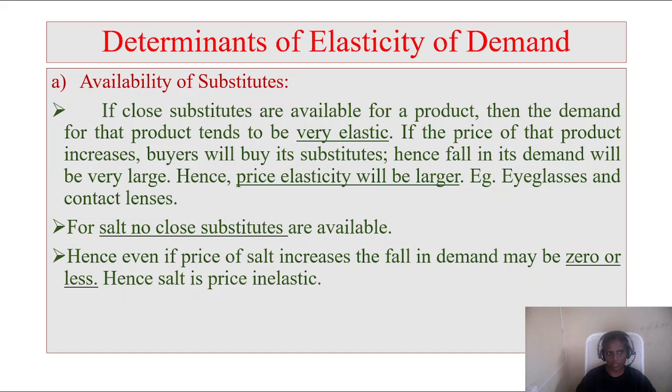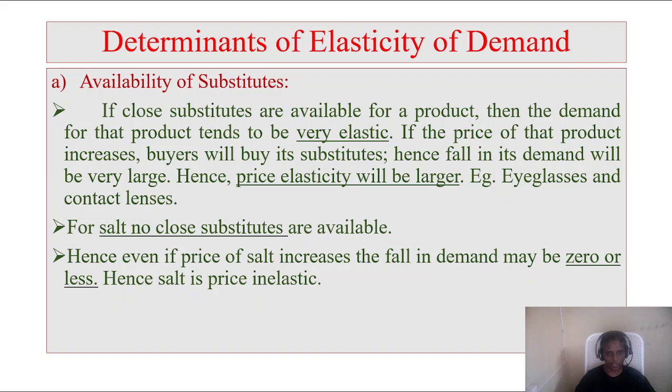We have seen what a substitute is, what a complementary good is, and examples of substitute and complementary goods, so I think you are very familiar with them. The availability of substitute goods also makes the demand elastic.